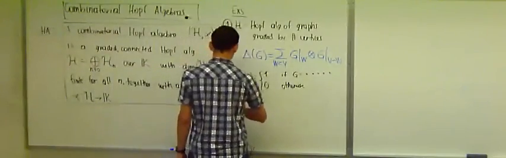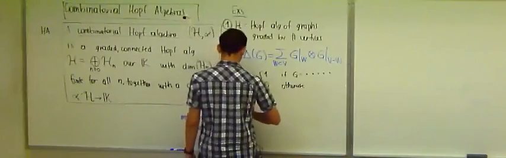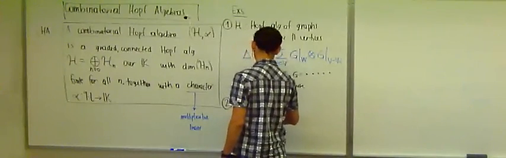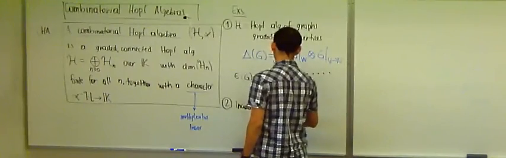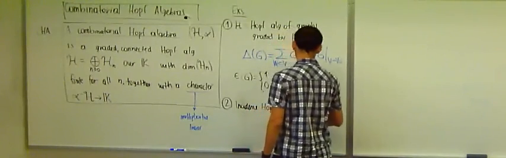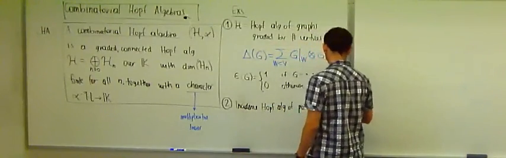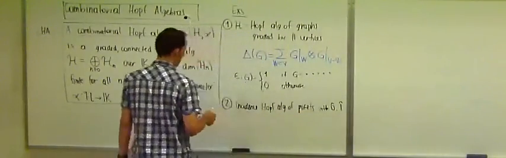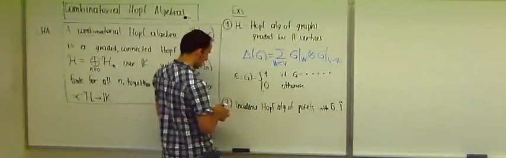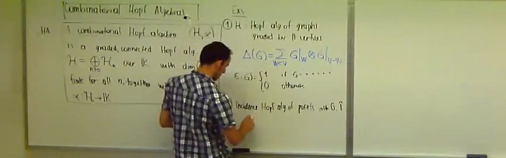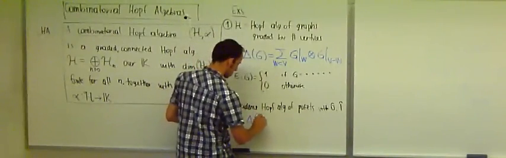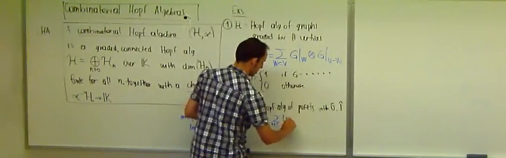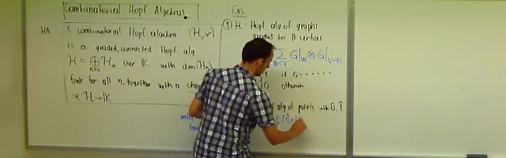Another one, I mean, really there are many different examples. Another one is to consider the incidence Hopf algebra of posets with 0 and 1. And so here, the coproduct is given by summing over elements of the poset, the bottom interval tensor the top interval.